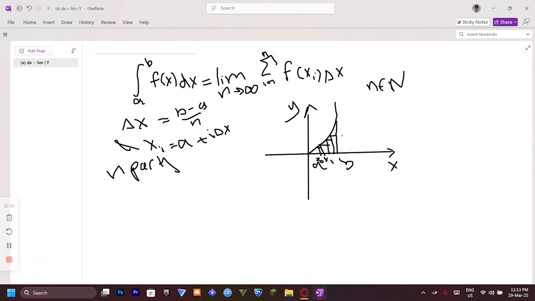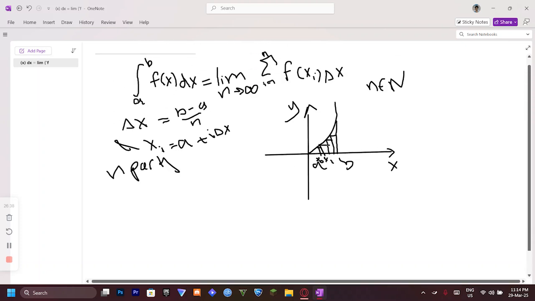So you're approximating the area, but as you let n get bigger and bigger, you get closer and closer to the area.